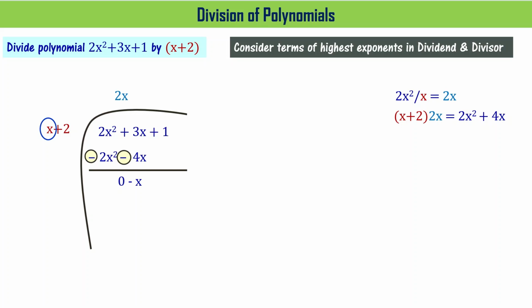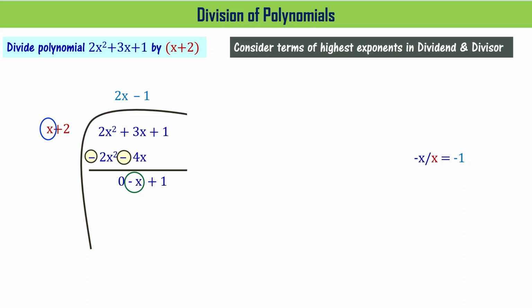Now bring down plus 1 so that the expression you have is minus x plus 1. The term which has got the highest exponent in this case is minus x. So let's divide minus x with x so that you get minus 1 as the answer. This minus 1 has to go as part of the quotient. So the quotient now becomes 2x minus 1.